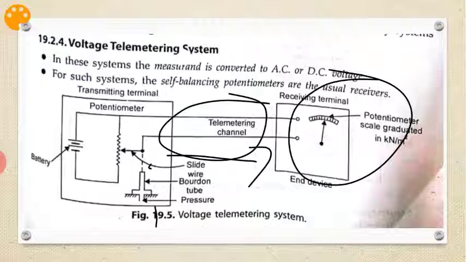Some systems make use of deflection type indicators to measure voltage. These indicators are calibrated for the line resistance. Basically, the null balanced DC potentiometer reduces the current carried by the telemetering channel to a negligible level. So this is the working.